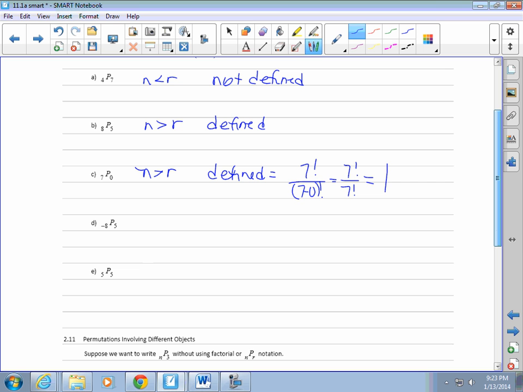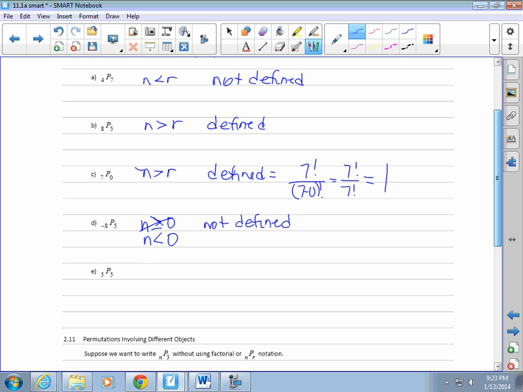Next one was negative 8p5. One of my stipulations was that n had to be greater than or equal to 0. Well, in this case, n is less than 0, so this one is not defined.